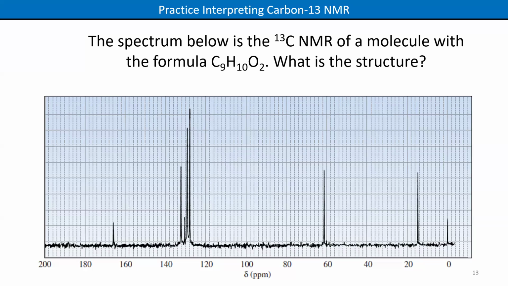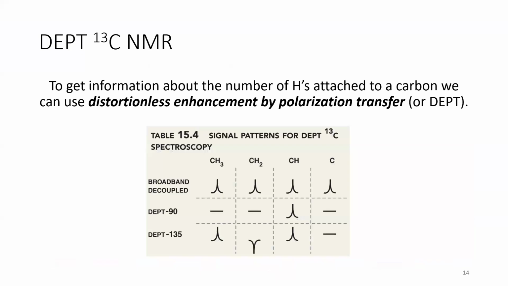All right, so one last bit to make things complicated. We can actually process the signal to finalize it. It's not quite the same as integrating, because integrating told us how many hydrogens were in the signal in a proton NMR, right?